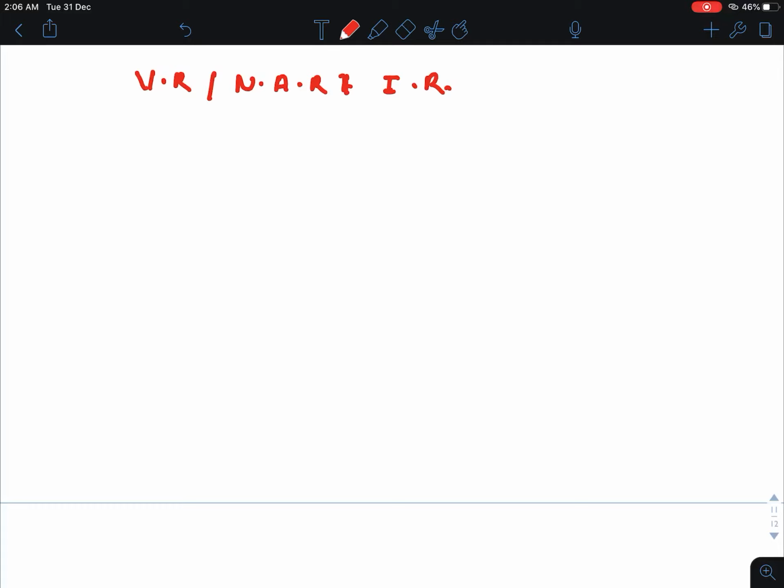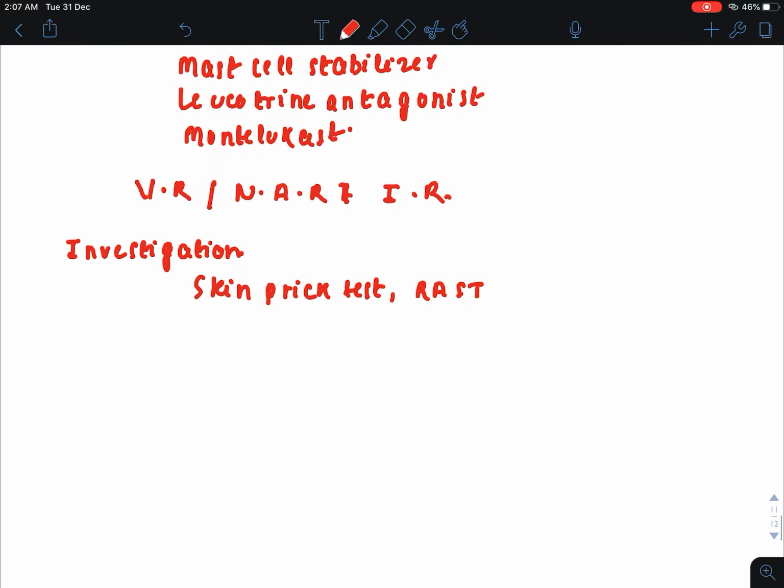By investigation: the skin prick test or the RAST, the radioallergosorbent test. The test comes out negative. So now we can say that it is vasomotor rhinitis.